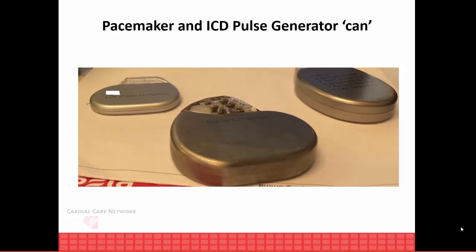This picture depicts a pacemaker and an ICD. In the top left corner, you'll see that this is a pacemaker. It's very thin in comparison to the other two devices, which are an ICD and CRT device. Just to note the different footprint, and you will be able to see this underneath the patient's skin.